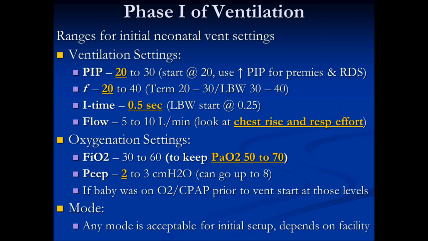The rate is 20 to 40. We always start on the low end with term babies and go up to the high end on low birth weight babies. So term infants will get anywhere between 20 and 30, and babies with low birth weight, 30 to 40, which low birth weight essentially indicates that the baby could be a preemie.